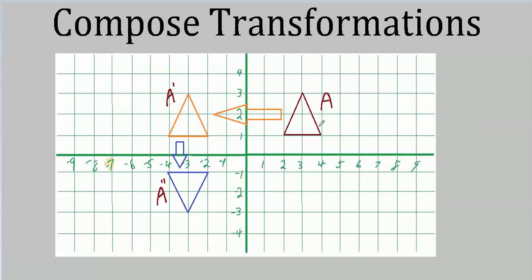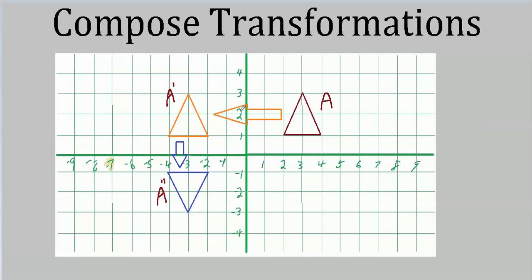All we know is this triangle is in this position at this time. It could have been translated 100 times before it wound up here. There's no limit to the number of transformations you can apply in succession, or compose, as they say here.